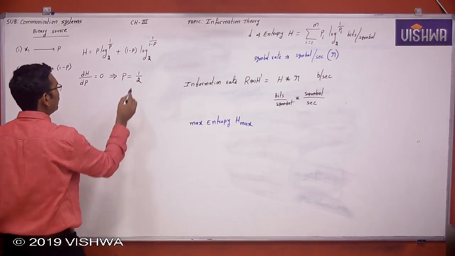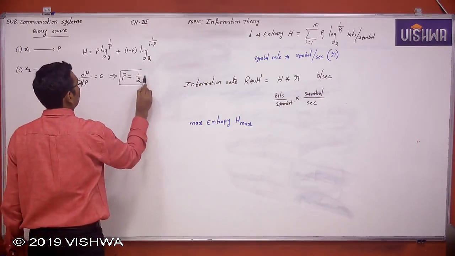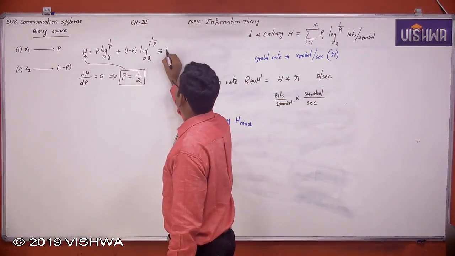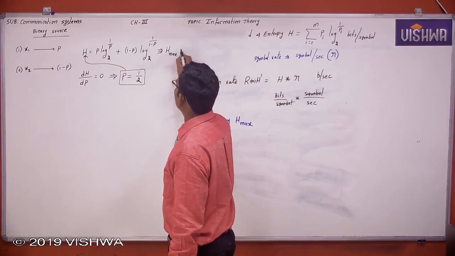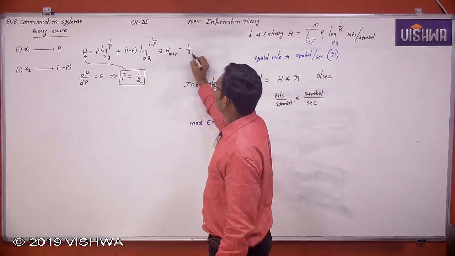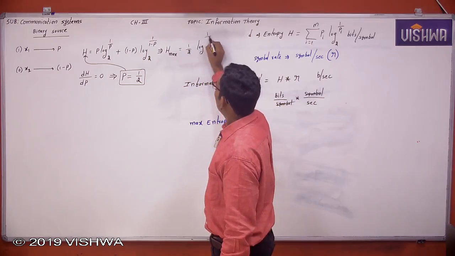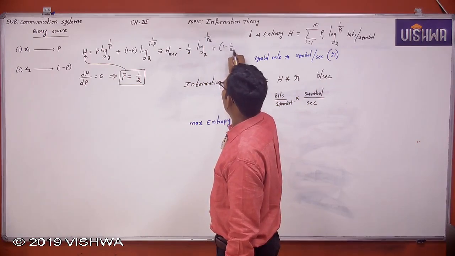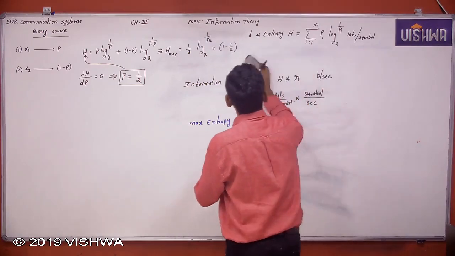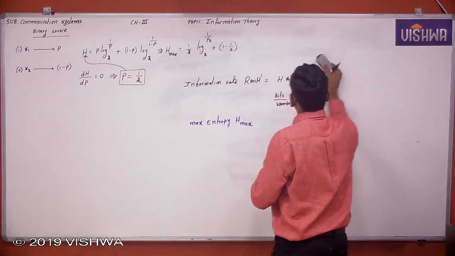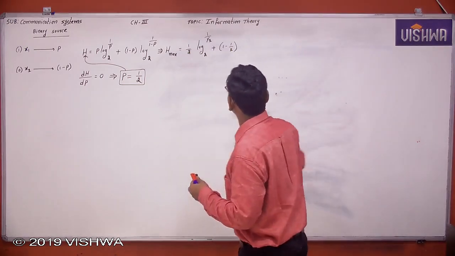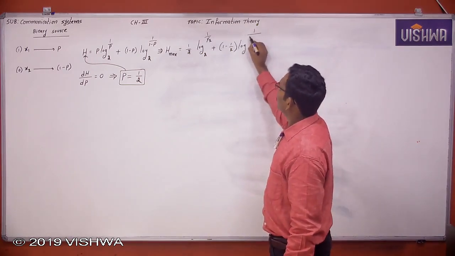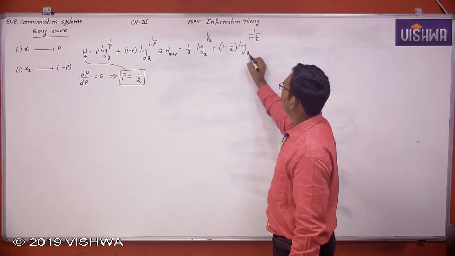Now substitute this p in H. What is H maximum? It is equal to 1 by 2 log 1 by 1 by 2 base 2 plus 1 minus 1 by 2 log 1 by 1 minus 1 by 2 base 2.